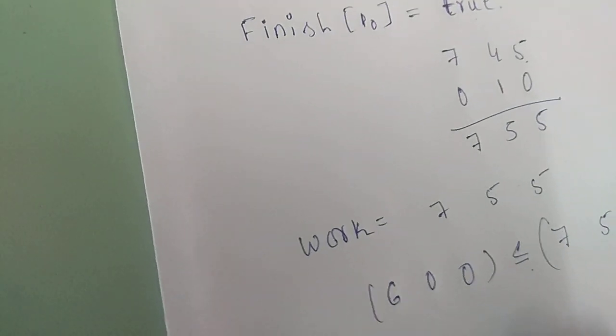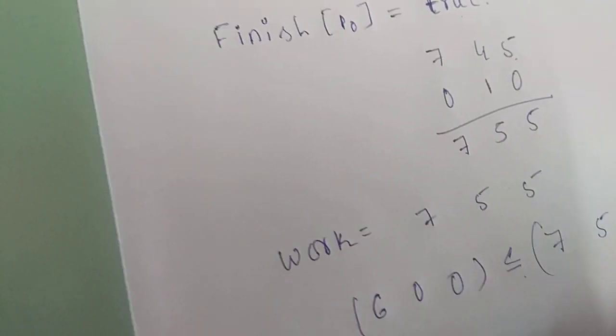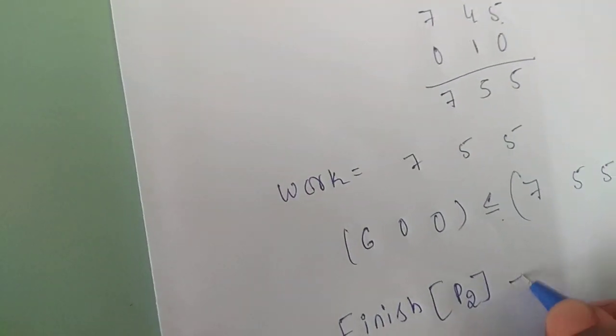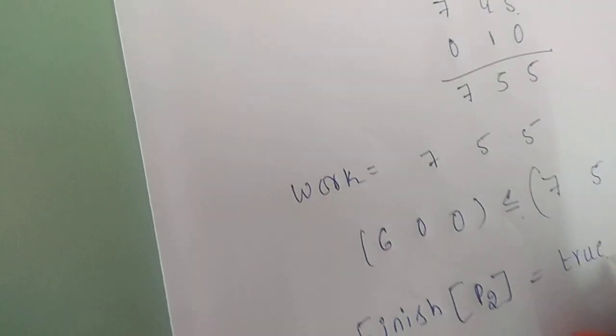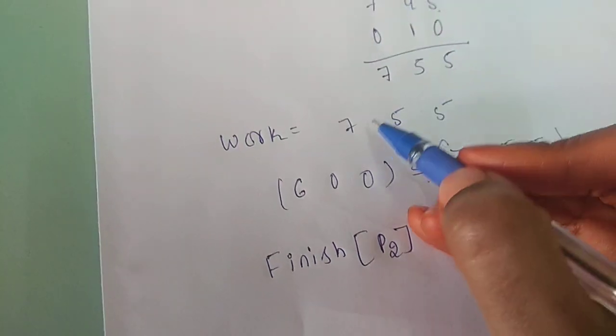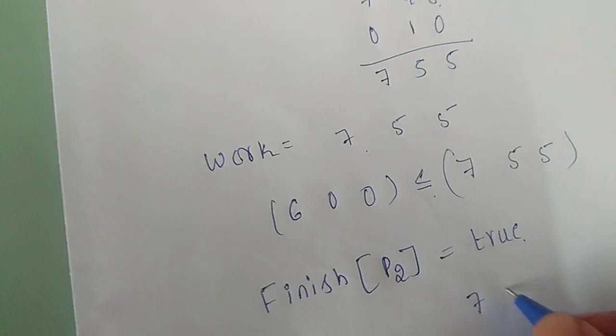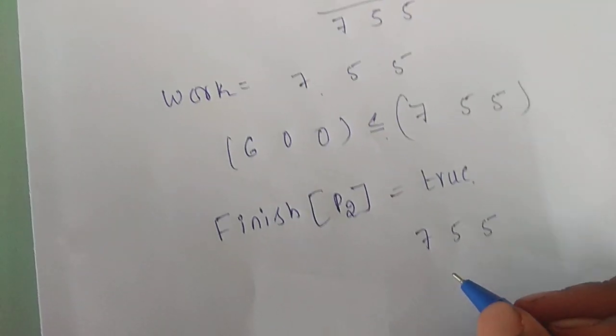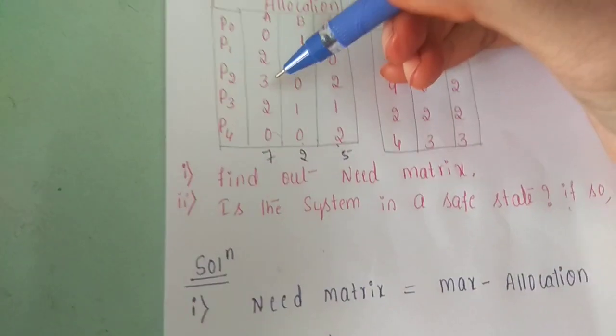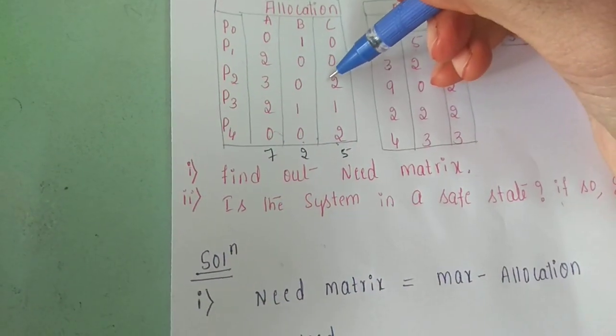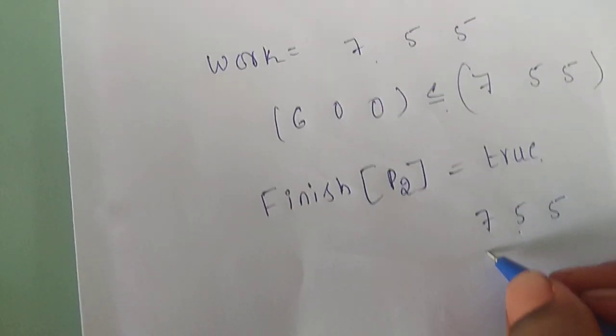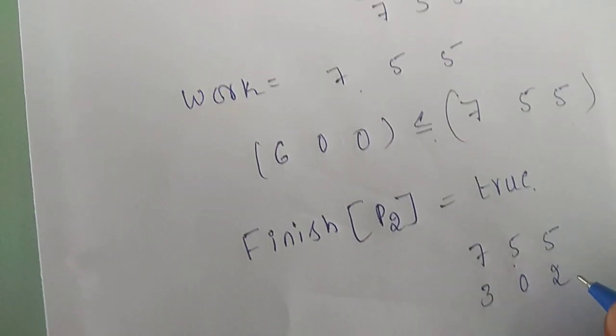So finish of process P2 is equal to true. So then what you need to do? Work should be 7, 5, 5 plus the allocation of process P2. How much is that? That is 3, 0, 2. Okay, 3, 0, 2.